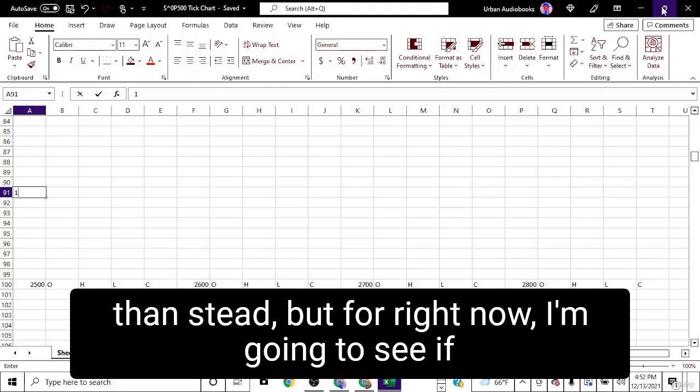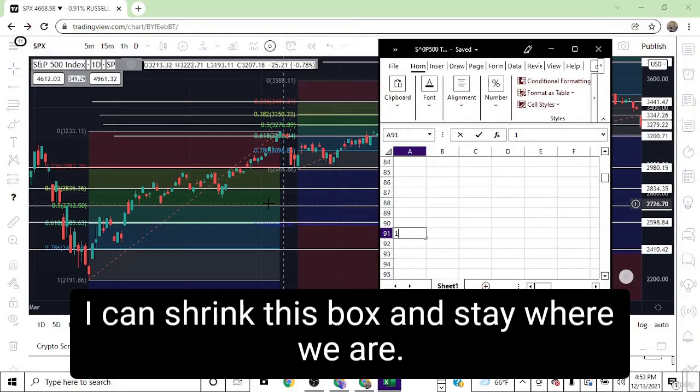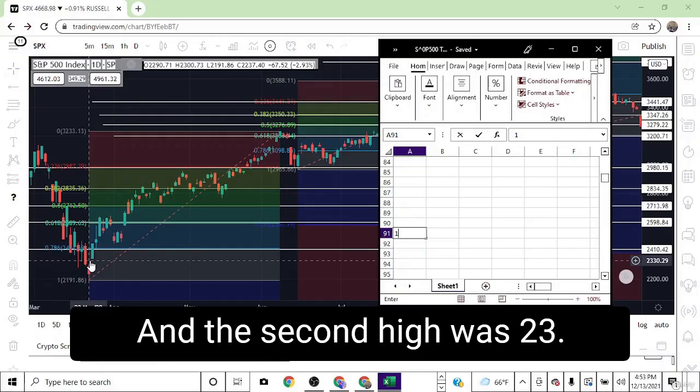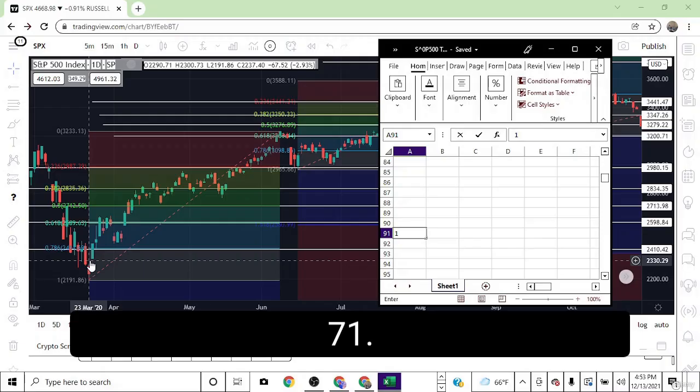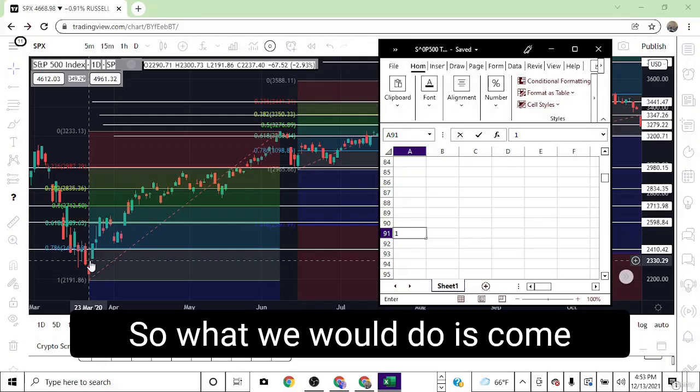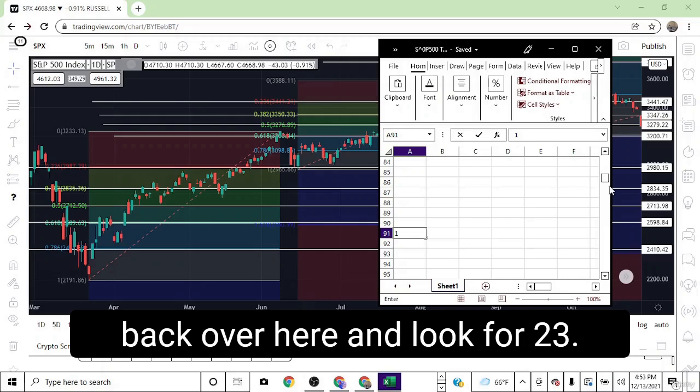For right now, I'm going to see if I can shrink this box and stay where we are. So we were right here, and the second high was 2371. So what we would do is come back over here and look for 23.